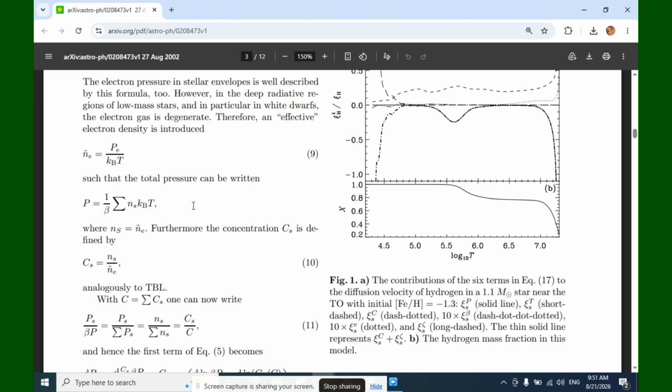Furthermore, the concentration C_s is defined by C_s is equal to n_s divided by n_e.